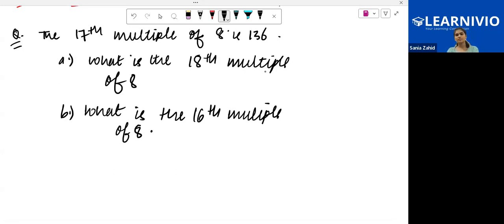The first one is 144. Okay, 144, how come I've written 136? Please read the question carefully. The question reads, the 17th multiple of 8 is 136. And there are two parts to this. The first part says, what is the 18th multiple of 8? And the second part says, what is the 16th multiple of 8?